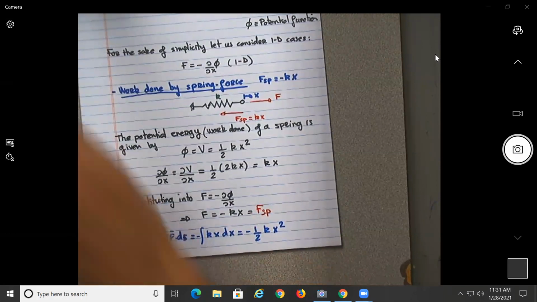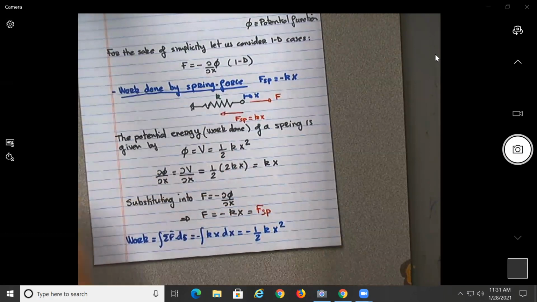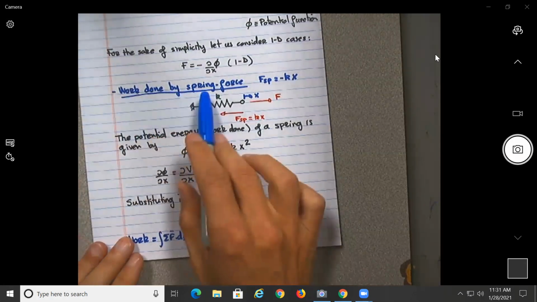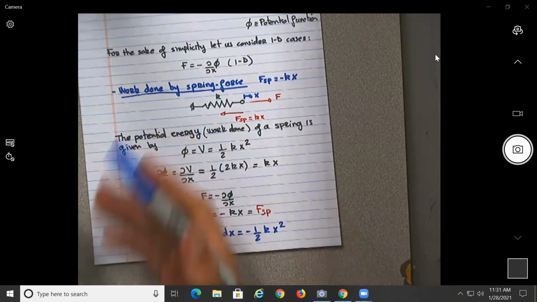All right, so now what is the other type of potential energy we are familiar with? Is the work done by gravity. So it would be identical.